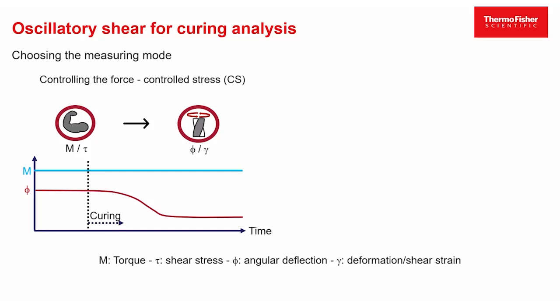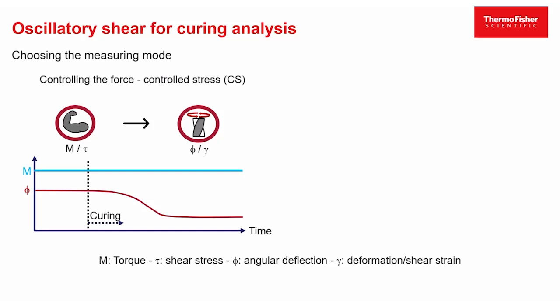This leads to two actual drawbacks. First, the applied torque is always applied the same way. This means that the structure buildup during the curing might be disturbed or completely inhibited if the torque is set too high. So the sample structure that is building up is simply destroyed throughout the measurement.